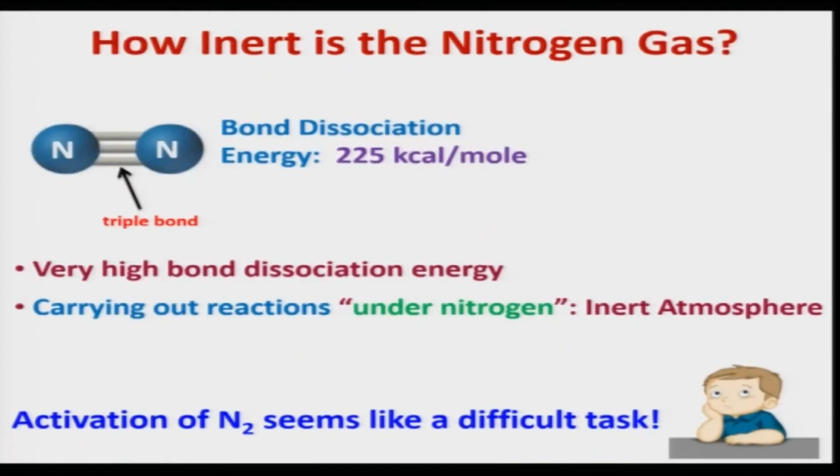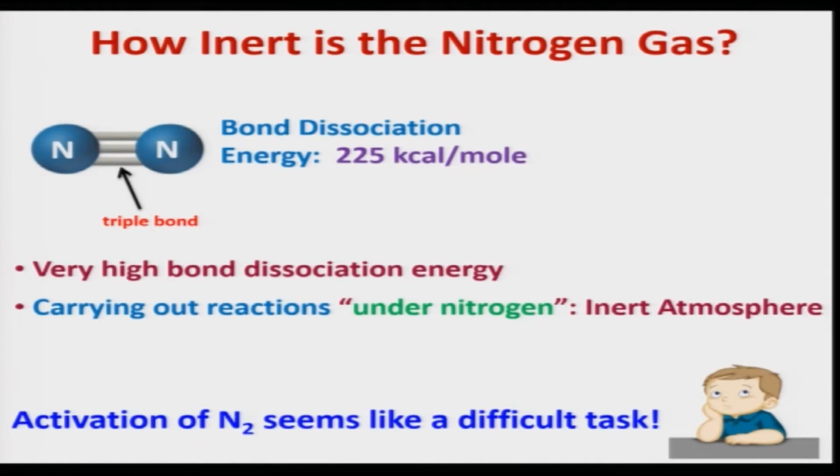Now, as you all know, nitrogen is inert. Now, how inert is this nitrogen? If you look at the bond dissociation energy, it is 225 kcal per mole, it is a huge amount. So, very high bond dissociation energy.